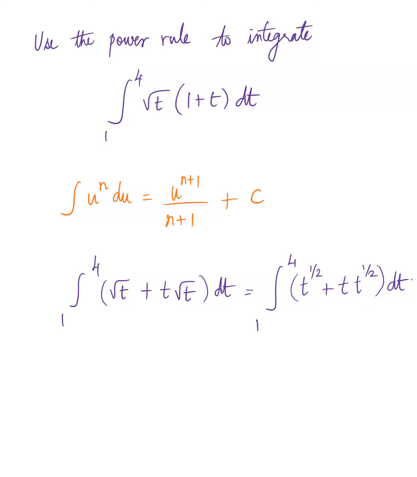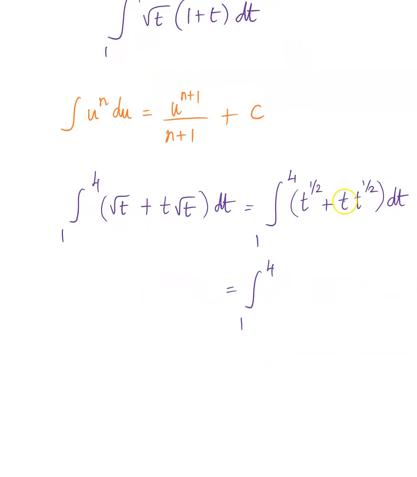The moment you write it like that, you can begin to apply rules of exponents, because this t has a power 1, so you add the powers. 1 and a half is 3 over 2, so we rewrite that as t to the half plus t to the 3 over 2 dt. And then you can apply the power rule because it's all simplified algebraically.